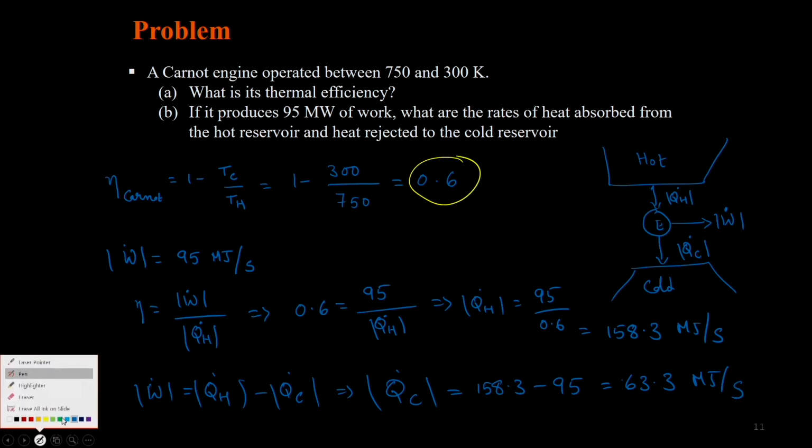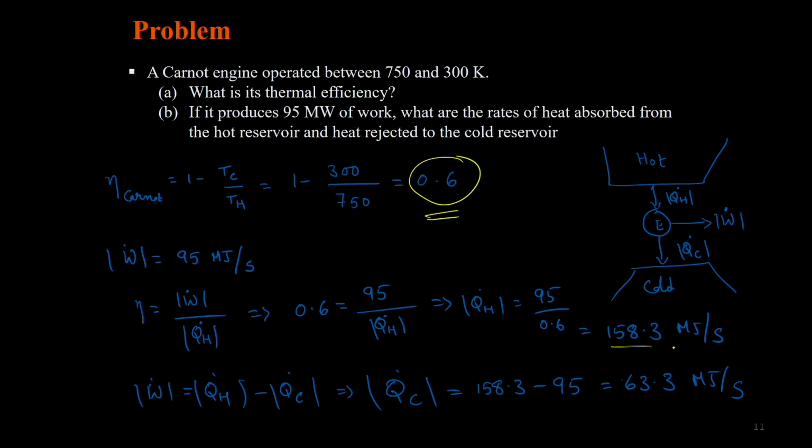So then the three quantities I'm looking at are an efficiency of 0.6, heat accepted from the hot reservoir is 158.3, and heat rejected to the cold reservoir is 63.3. So that 0.6 is the upper limit. That's the maximum thermal efficiency I can get for any engine that operates between 300 and 750 Kelvin.